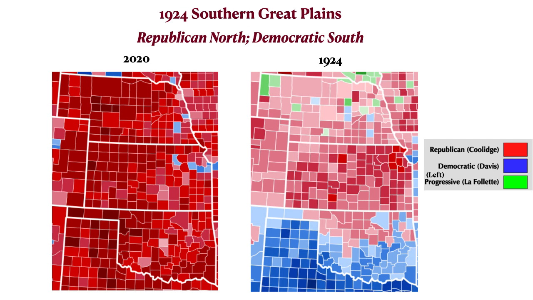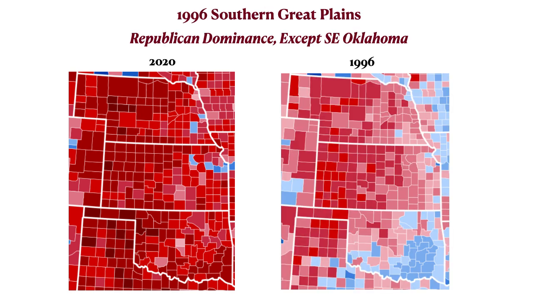Oklahoma is divided north and south. And that division continues all the way up till 1996. Bill Clinton did very well in the southern parts of Oklahoma and the eastern parts to some degree. And you can see the rest of it is mostly pink rather than red until you get to the panhandle. And then you could look in 2020.